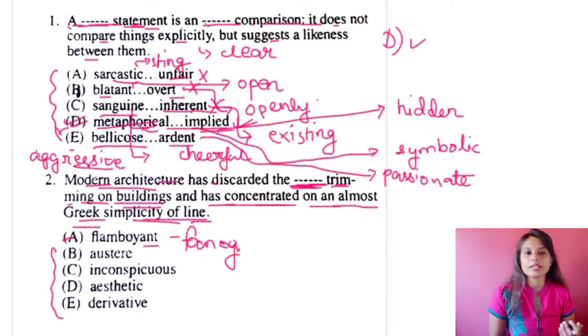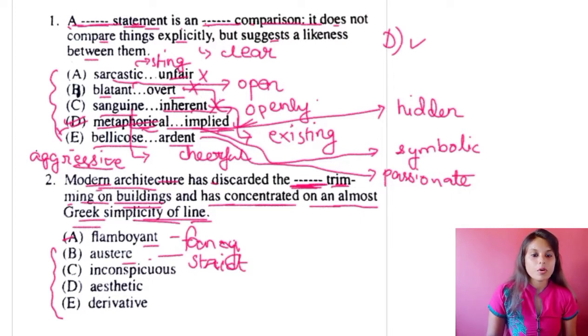We may not know, even other better options can be found over here. What is the meaning of austere? Now austere means kind of strict, or you can say severe, alright, or stern. So if I put austere over here, modern architecture has discarded the austere trimming on buildings.